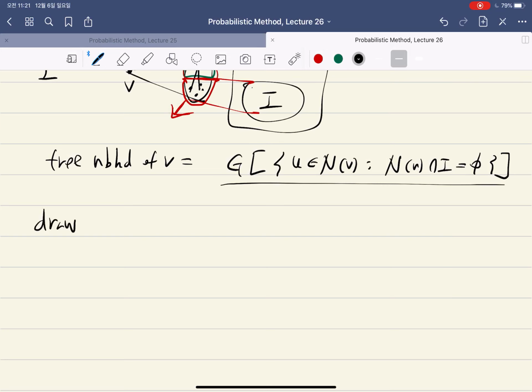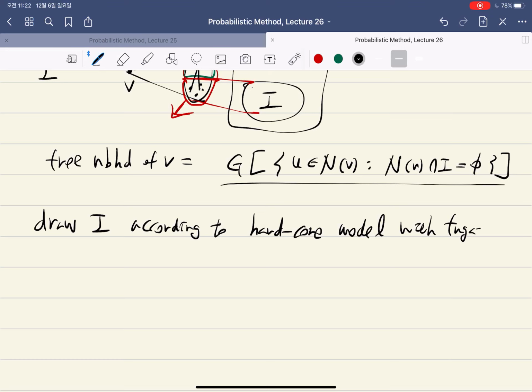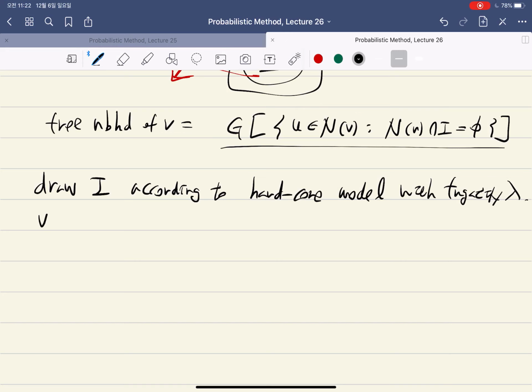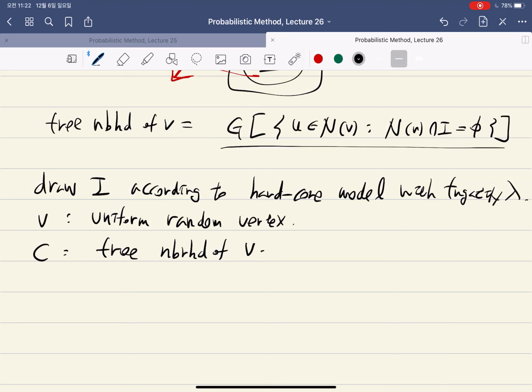And again, draw this independent set I according to the hardcore model with fugacity lambda, and V is a uniform random vertex. And let C be the free neighborhood of V. So all of these three are random variables.